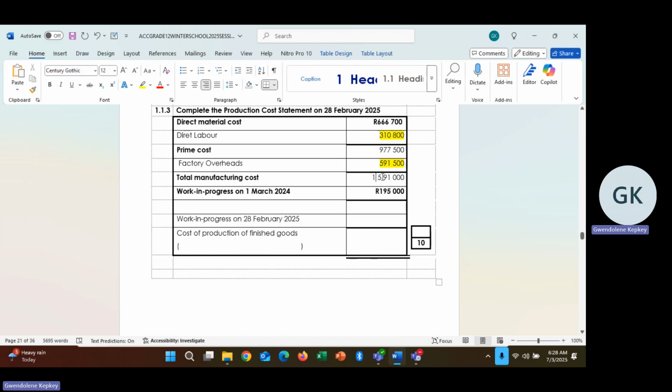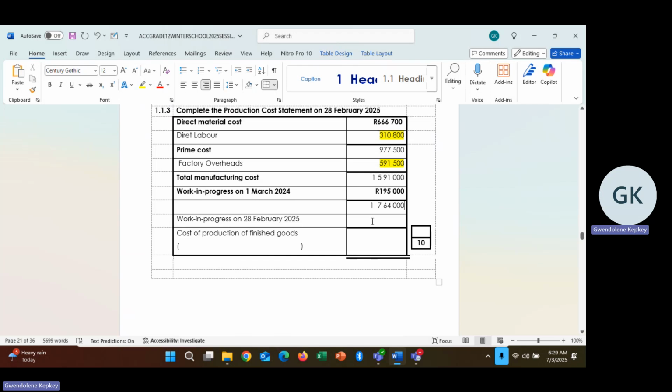Sorry, it's jumping a bit. It shouldn't do that, but it is. For now, we're not going to spend time, but you understand that these two added gives me 1,569,000. They filled out the work in progress already for us. These two figures we must now add. If we add them, we come to a total of 1,764,000.